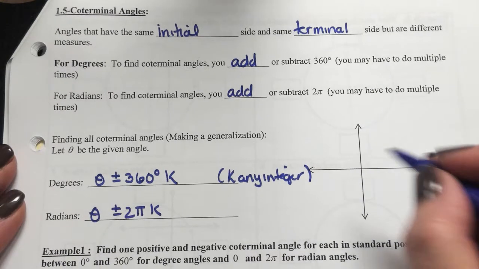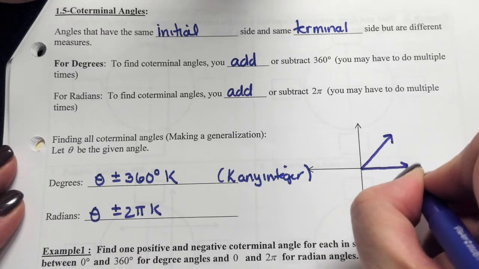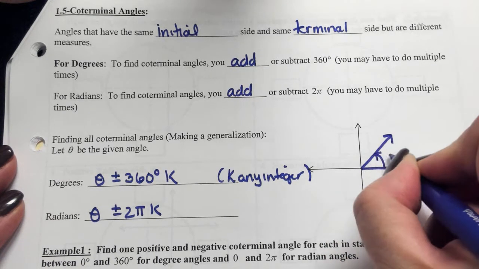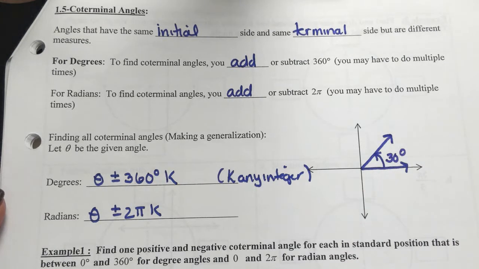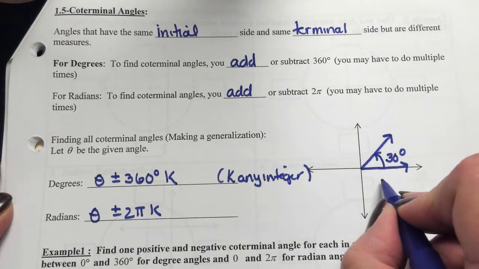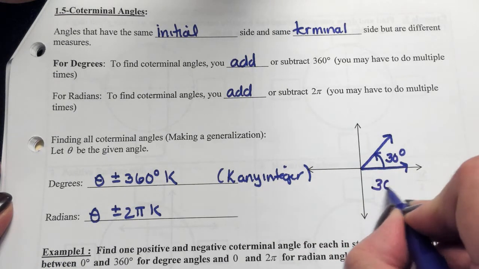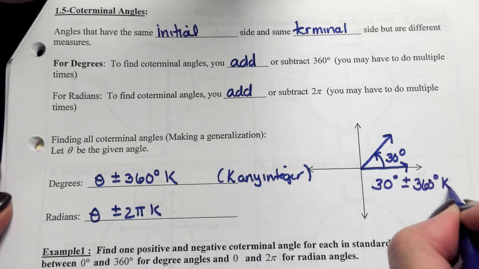So like I said, for example, if I ask you to sketch a 30-degree angle, let's suppose this angle is 30 degrees. To find all your coterminal angles, it would be 30 degrees plus or minus 360 degrees times k.